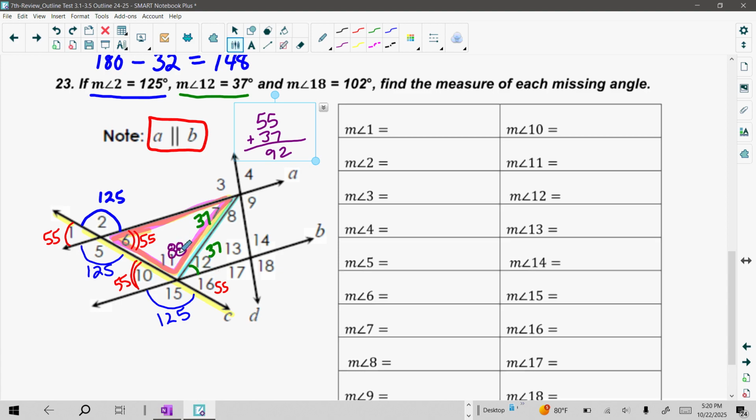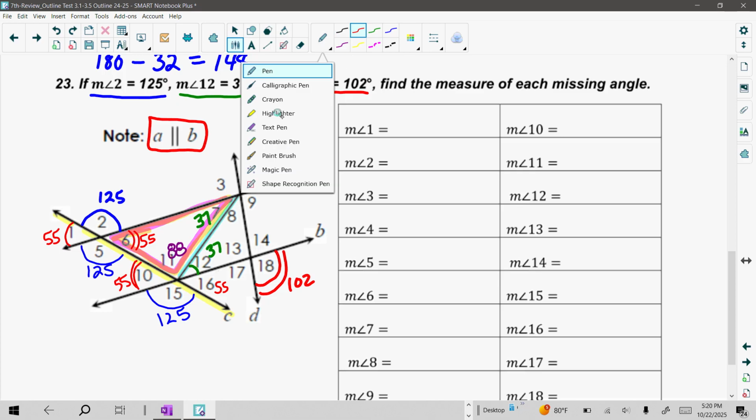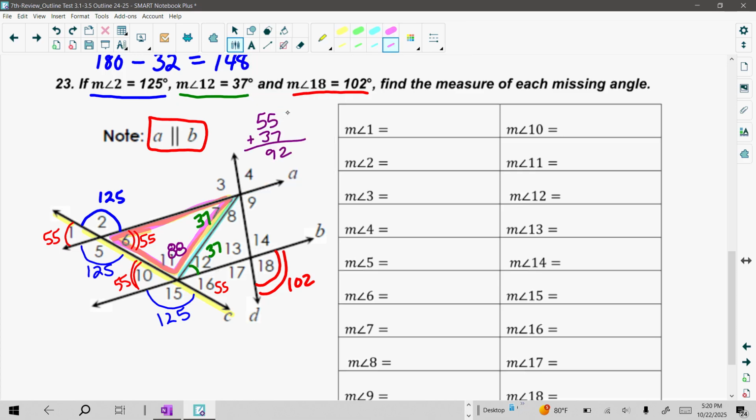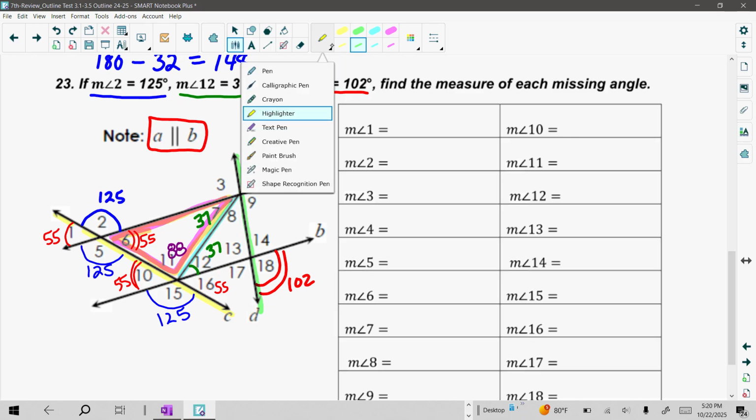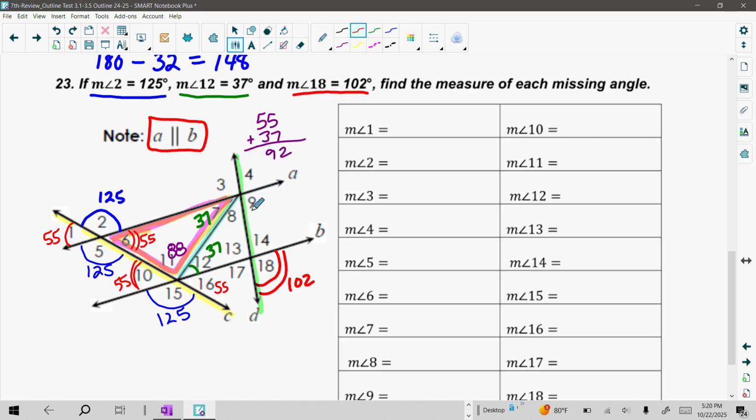Okay, now I'm going to move on to the measure of angle 18. Over here, we have 102, and that is with another different transversal. I guess I should go green. So this line here, line D, is a transversal for A and B, and I'm now going to use that transversal to find all the angles that are also formed with it.